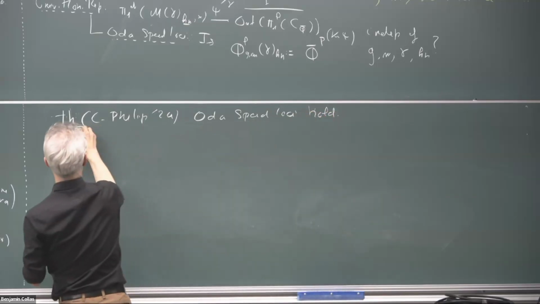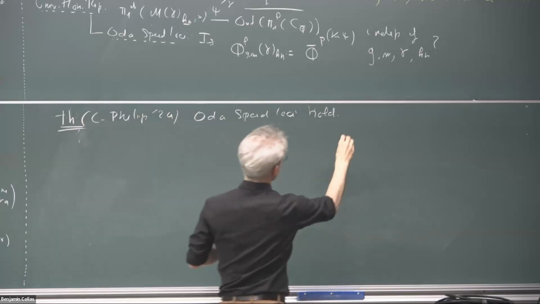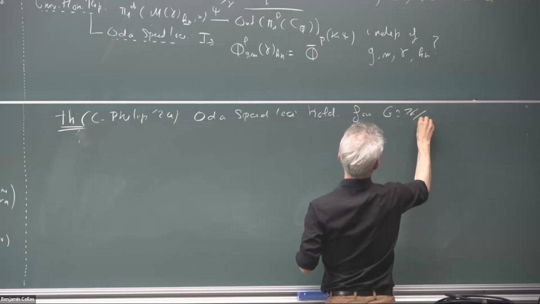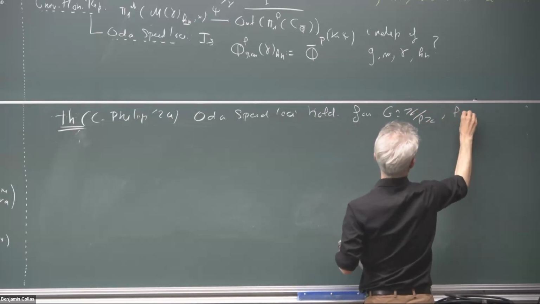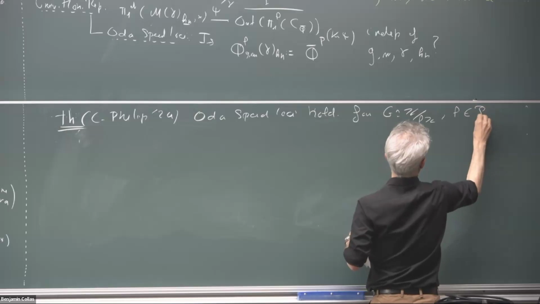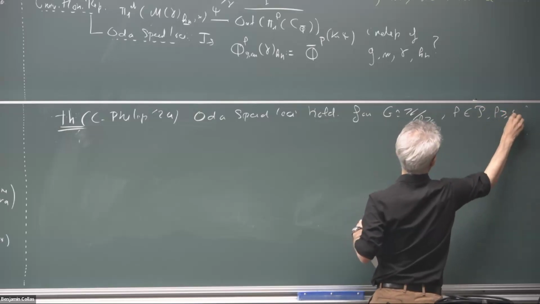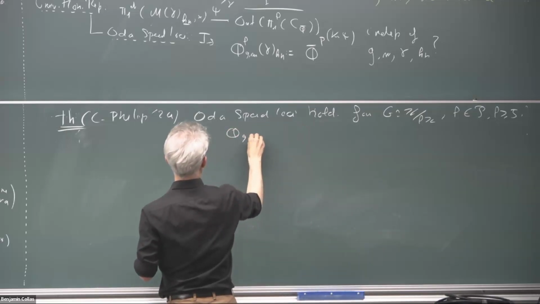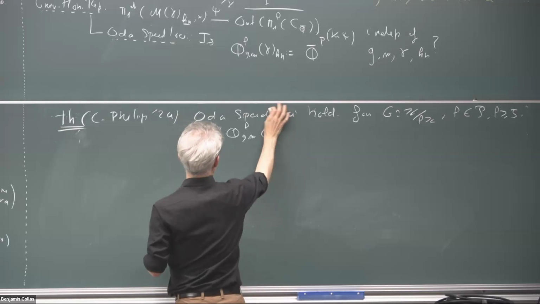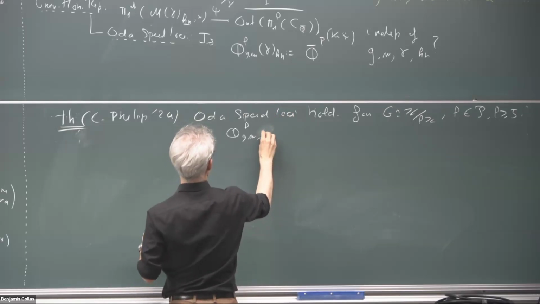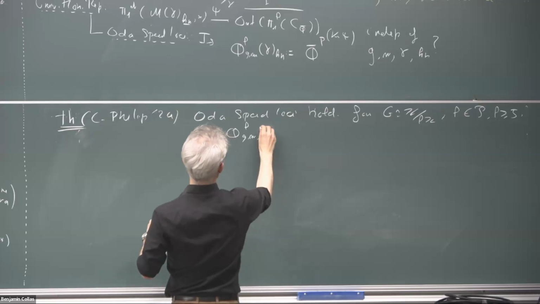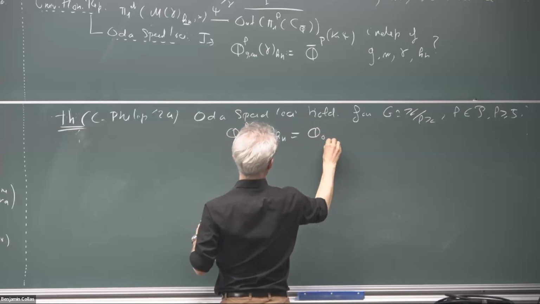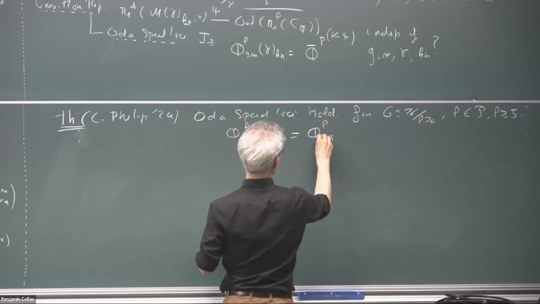So yes, we have to take G isomorphic to Z over LZ and L prime bigger than 5, I think. So Q, G, M, L, gamma, KR is equal to the same Q03 as before.